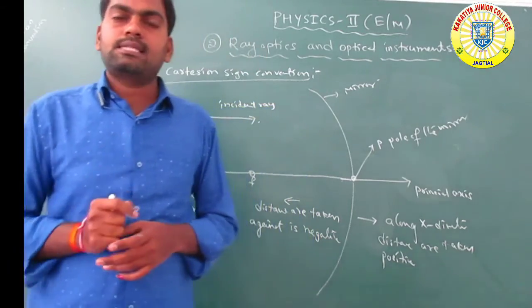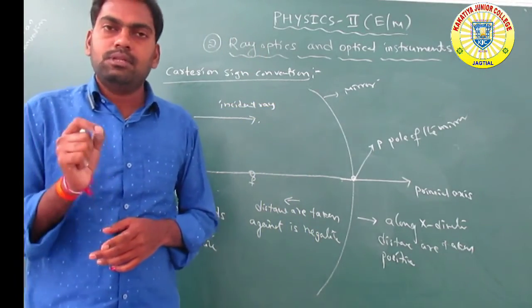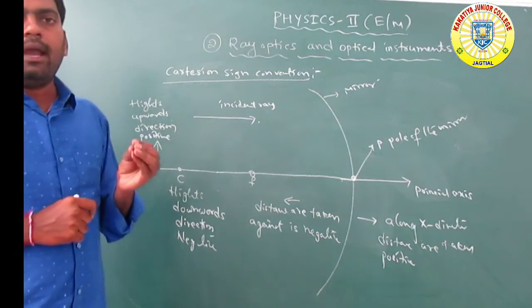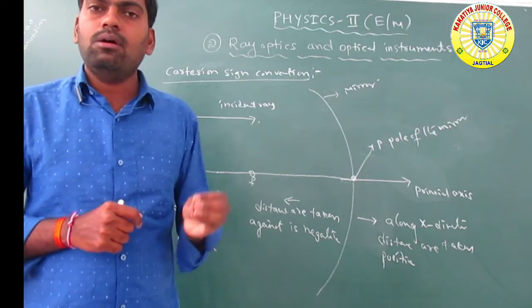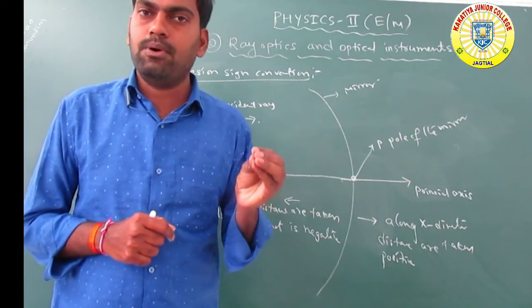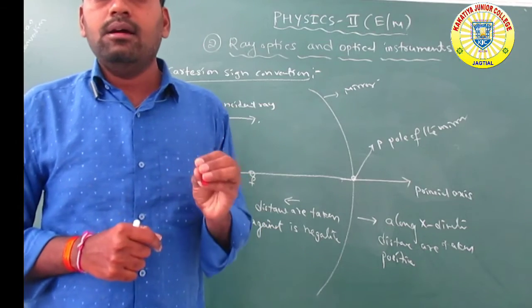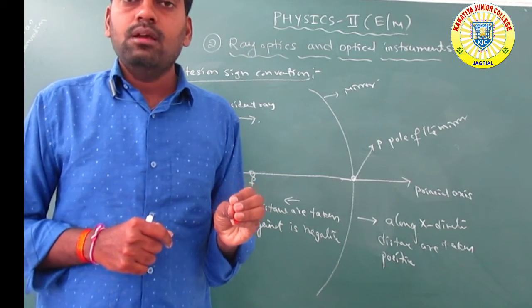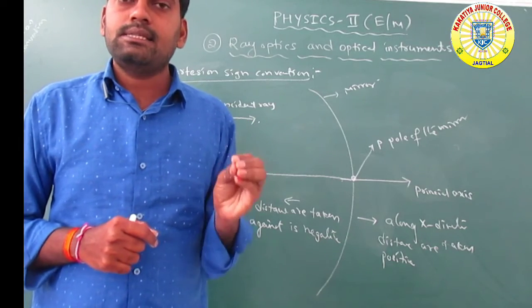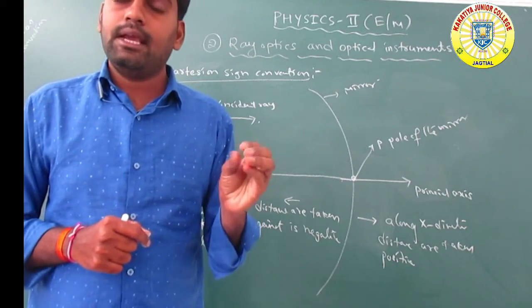Next, the heights measured along the upward direction are taken as positive, and the heights measured downward are taken as negative.